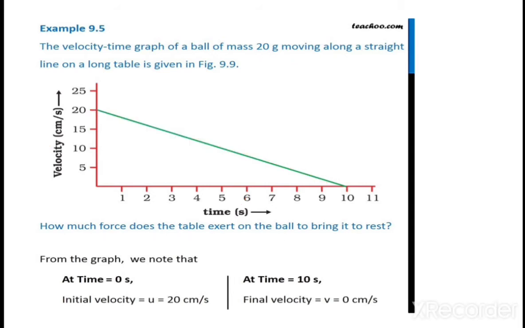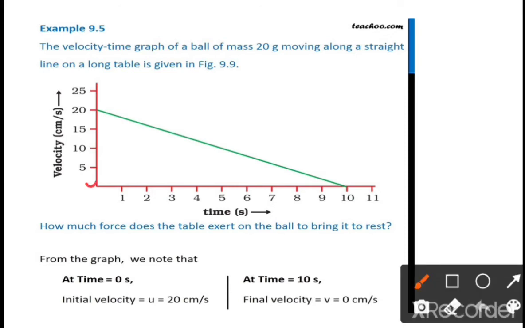Listen to the solution. From the graph we know that at time 0, the initial velocity u is 20 centimeter per second. That means the point (0, 20).